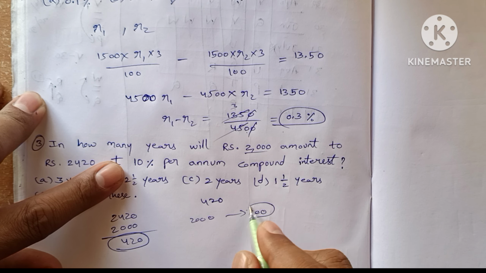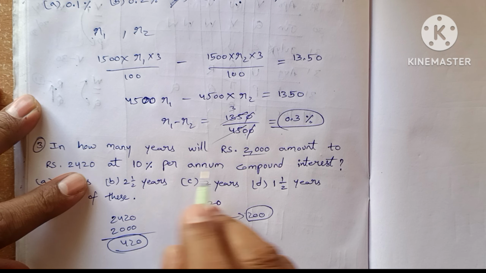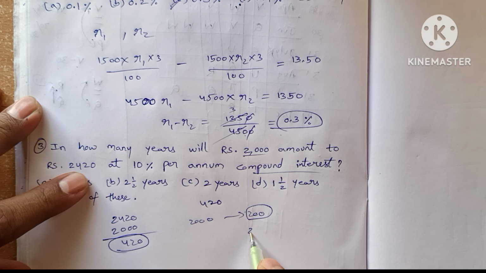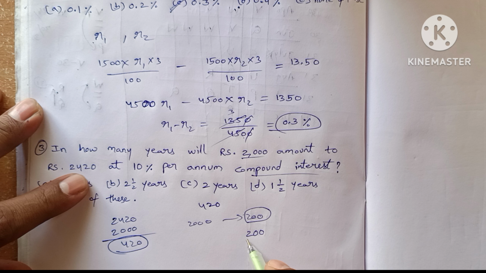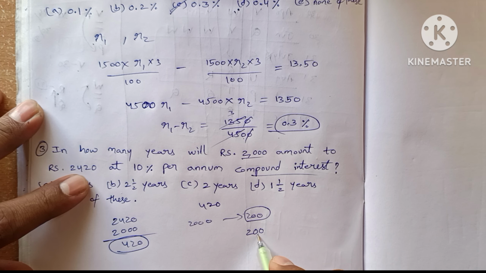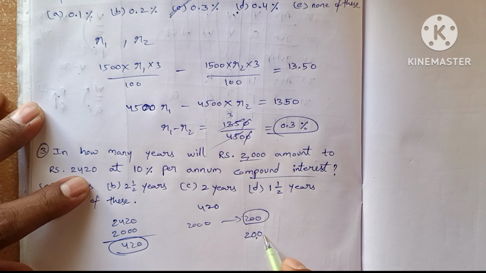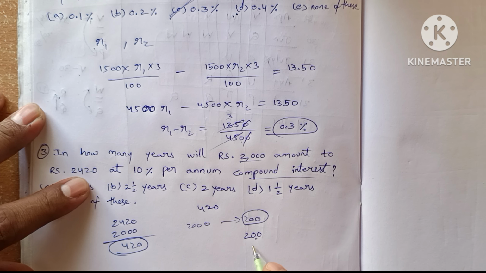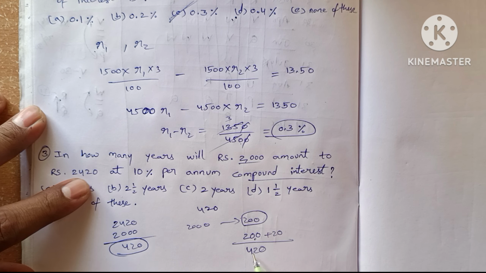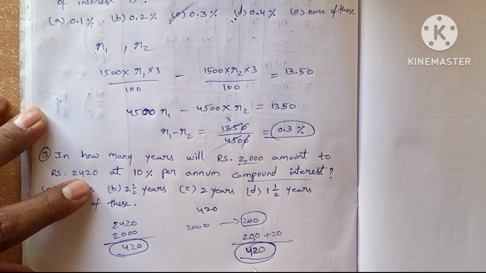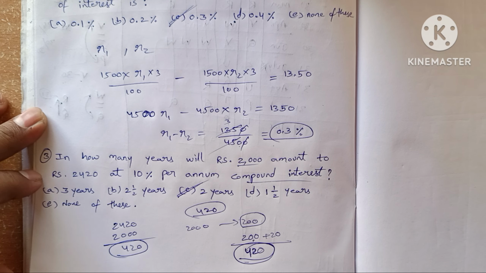Second year, it is a compound interest question, so he gets interest of 200 in the second year also, and interest on this also comes. Interest on interest will add on this in compound interest. 10% on 200 is 20, 200 plus 20 means 220. So total he gets 420 here. So this is the interest we need to get. So we get this 420 in 2 years. So our option C is the answer here.